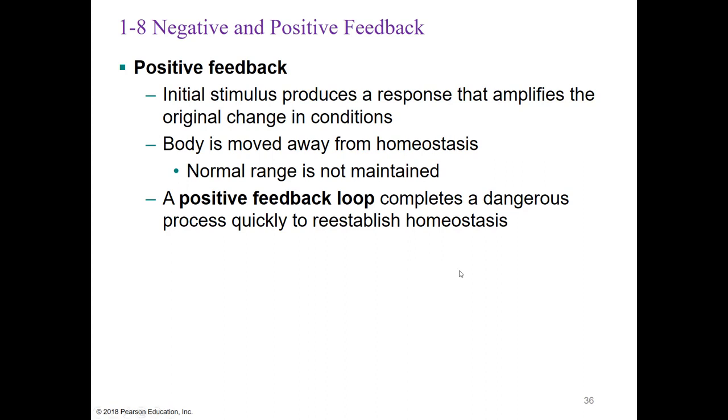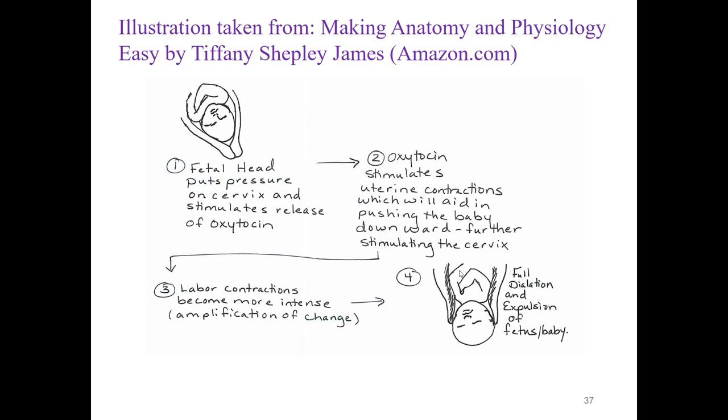So here's an example, again taken from my study guide, during childbirth. So this is a uterus, and here's the cervix, which is what dilates during childbirth. The fetal head will put pressure on the cervix, which will stimulate the release of oxytocin.